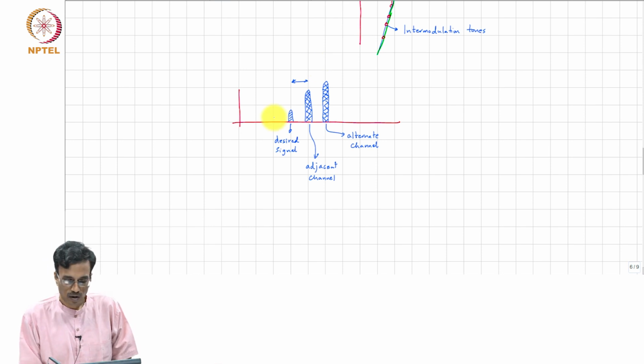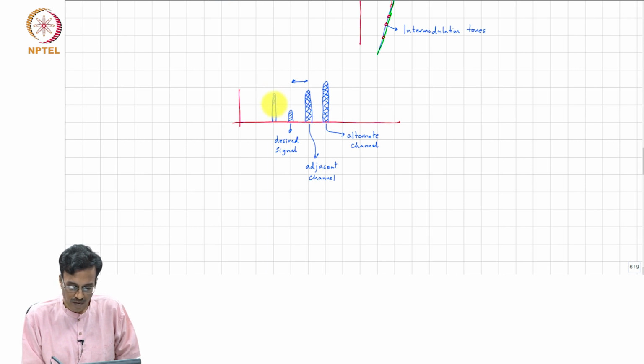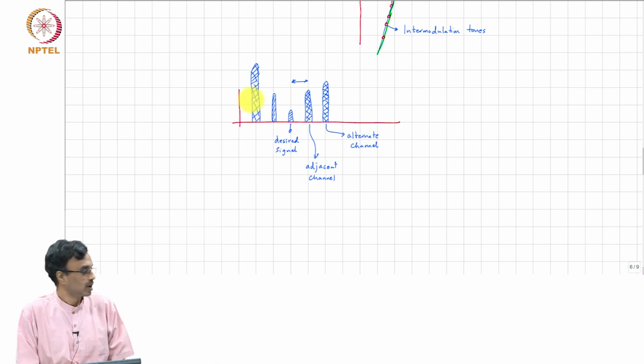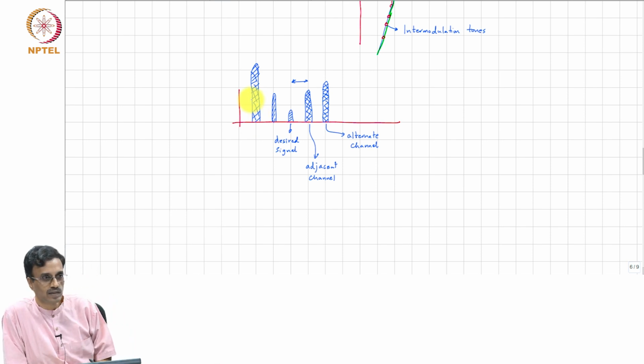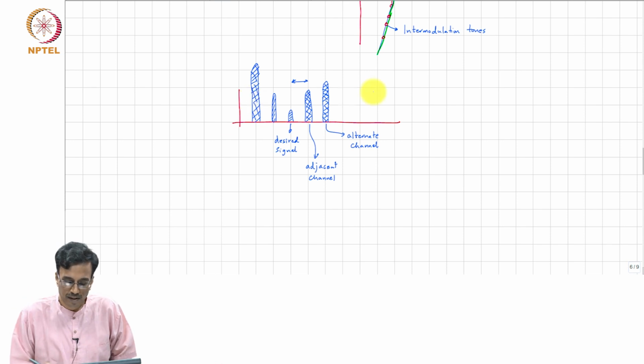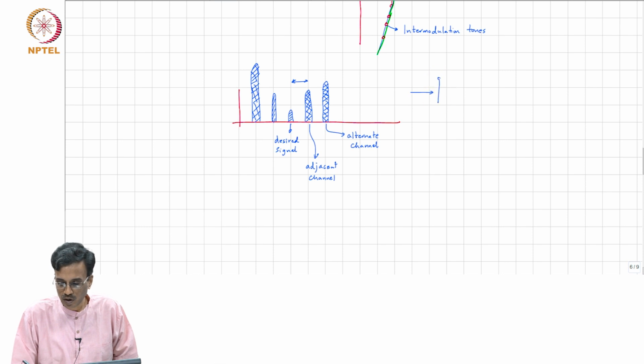Now, of course, the RF spectrum will have multiple channels, because there are lots of customers who are probably using the phone at the same time, and in your neighborhood they had better all be using different channels, otherwise they will affect each other. So this is a representative RF spectrum, and let us say this goes into a front end amplifier.